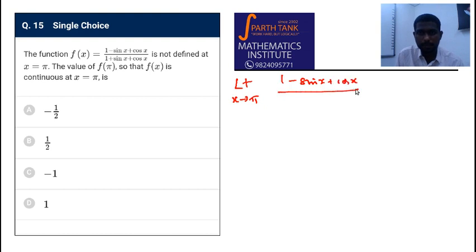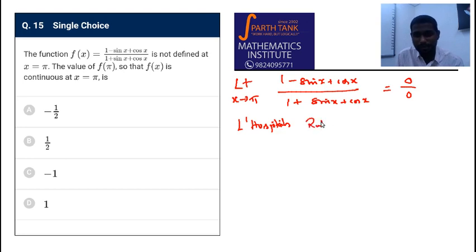Now immediately you will realize that this is a 0 by 0 form, because 1 plus cos x is 0, cos x is minus 1, sin x is 0 at pi. So 0 by 0 form, I apply L'Hospital's rule, or as they say, this is a French name and has to be pronounced L'Hopital's rule.